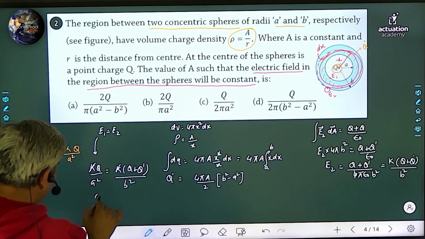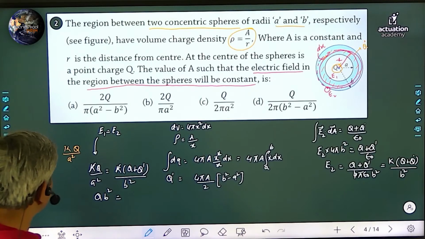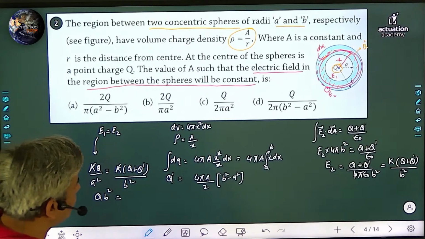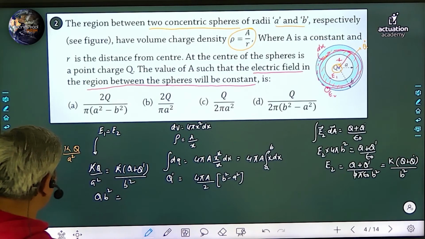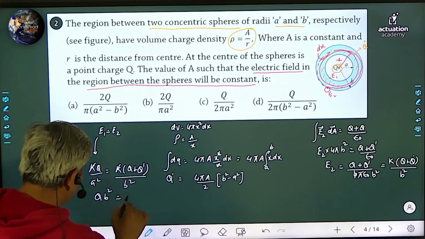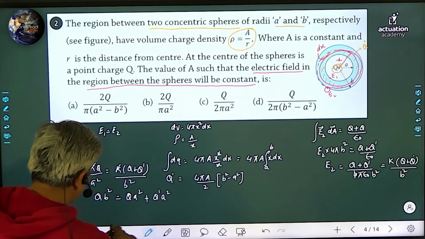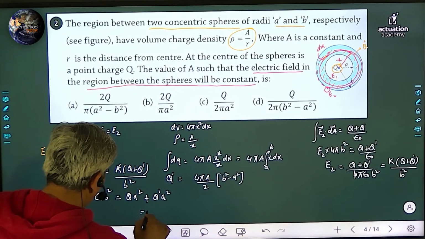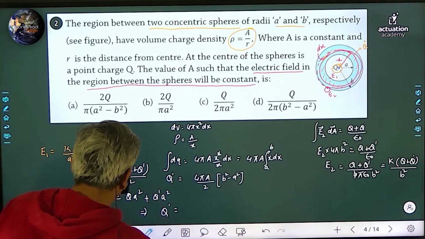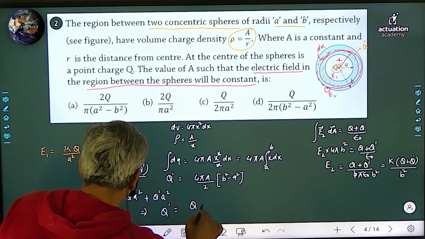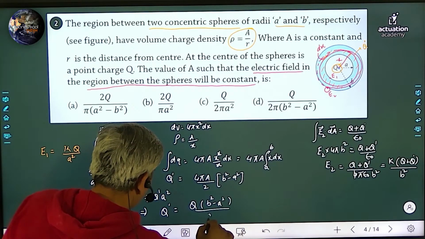So this will get Q b square is equal to Q a square plus Q dash a square. From here we can write Q dash is equal to Q into b square minus a square divided by a square.